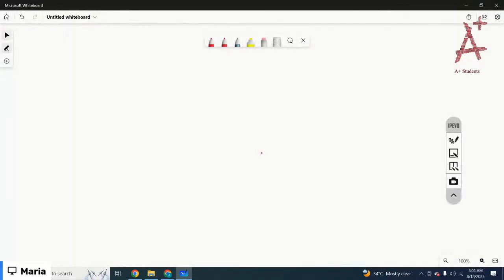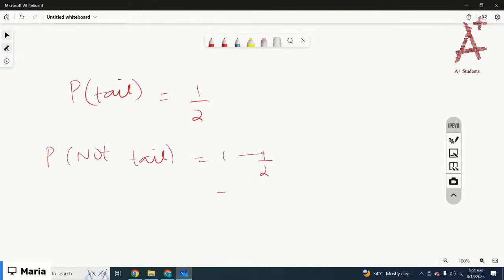Let's calculate the probability of tail. It is 1 over 2. Then the probability of not tail is 1 minus 1 over 2, which is 1 over 2. Converting the answer into percentage, 1 over 2 times 100 equals 50%. That means the probability of not tails is 50%. Very good.